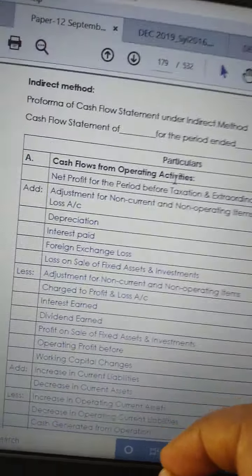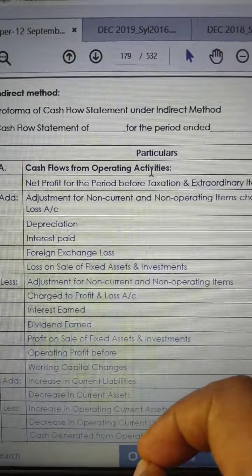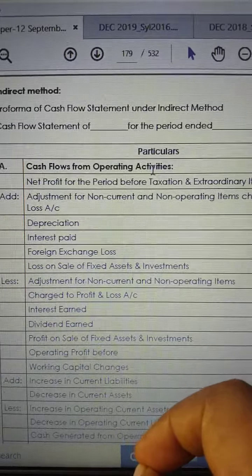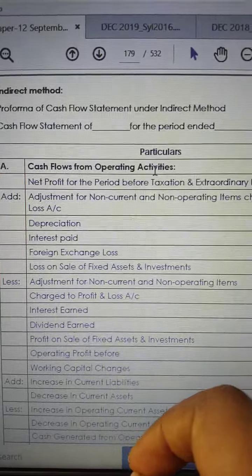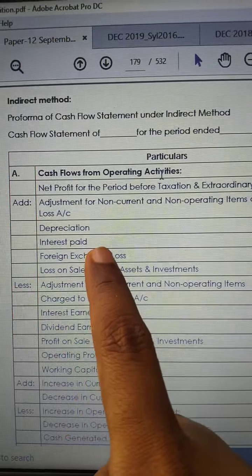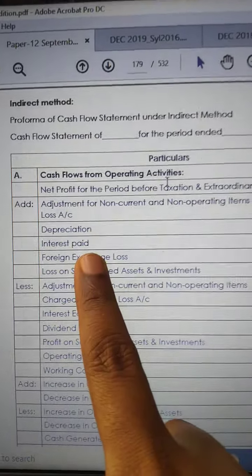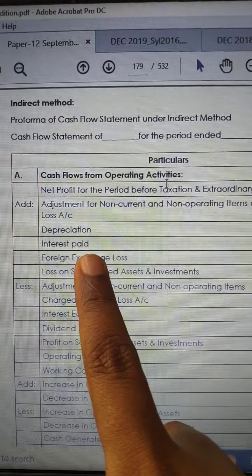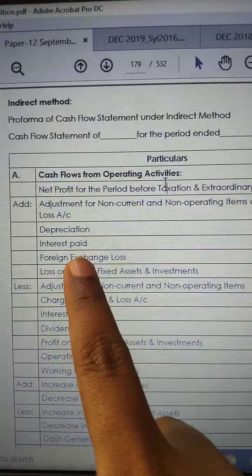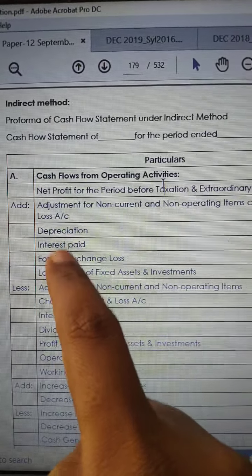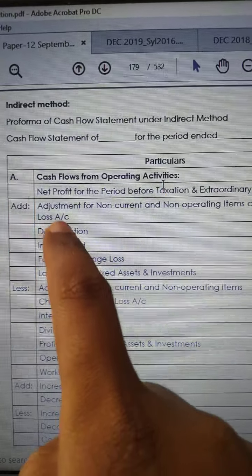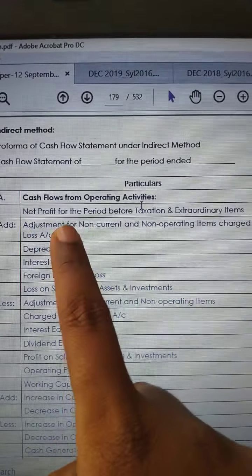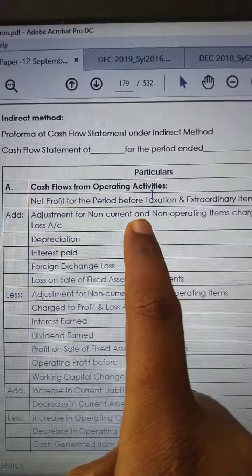Interest paid is a cash outflow. Interest expense means what is debited to the P&L account is added here, because net profit, my opening balance, is arrived from my P&L account.